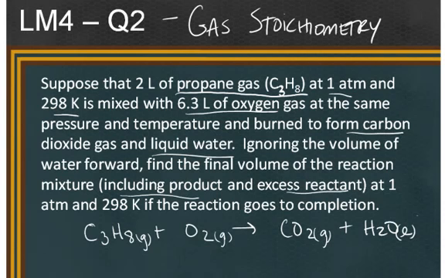To balance it, I need 3 carbons to balance the carbon, and 8 hydrogen to balance the hydrogen, and then I'll save the oxygen for last. With a little work, I come up with 5 oxygen. So now this reads: 1 mole of propane reacts with 5 moles of oxygen to give 3 moles of carbon dioxide and 4 moles of water.